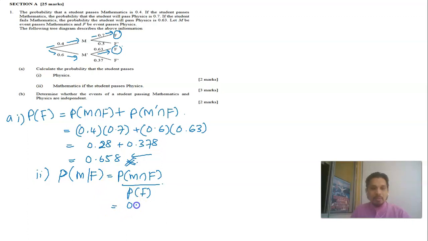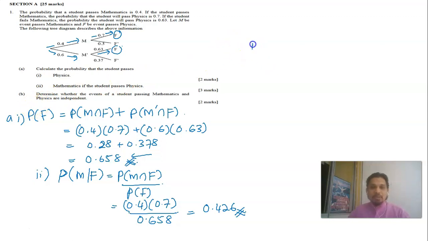Then 0.4 multiplied with 0.7 divided by 0.658 equals 0.426. There you go.